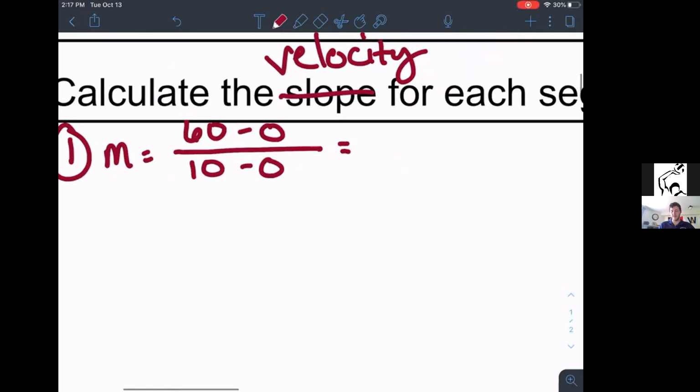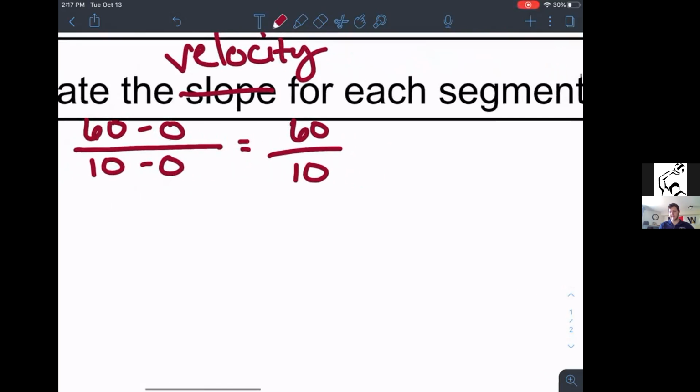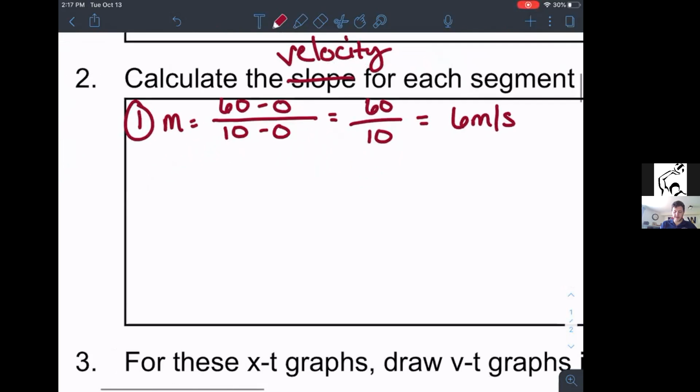If I keep going with this, 60 minus 0 is 60, 10 minus 0 is 10, and so 60 divided by 10 gives me 6 meters per second, because our units are for velocity. We're going to do that for all 5 of our points.